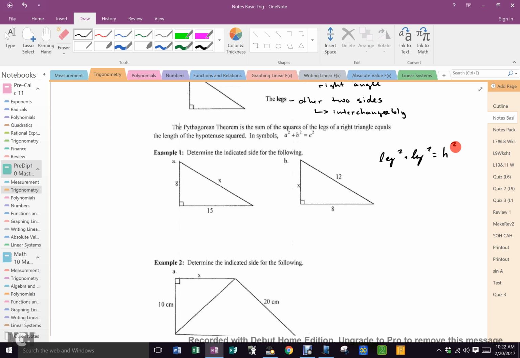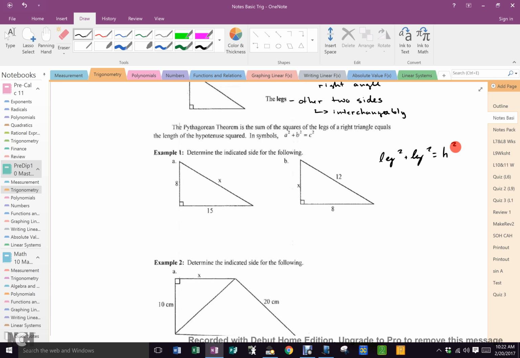You got a ruler? I do have a ruler, actually. So everybody says it's the longest side, but if you don't have measurements, and if you don't have a ruler, can you guarantee to me that it is the longest side? No, you cannot. So a better way to define the hypotenuse is this.